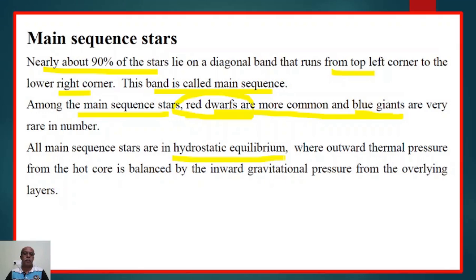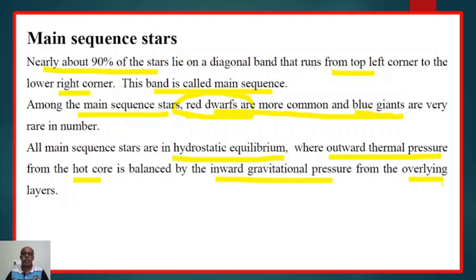Meaning the stars are said to be in hydrostatic equilibrium when the outward thermal pressure due to the hot core is balanced by the inward gravitational pressure due to the outer layers of the star.